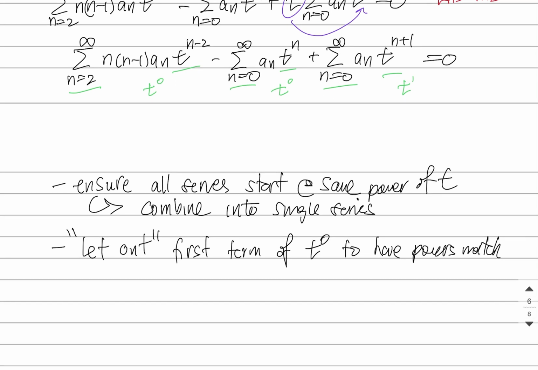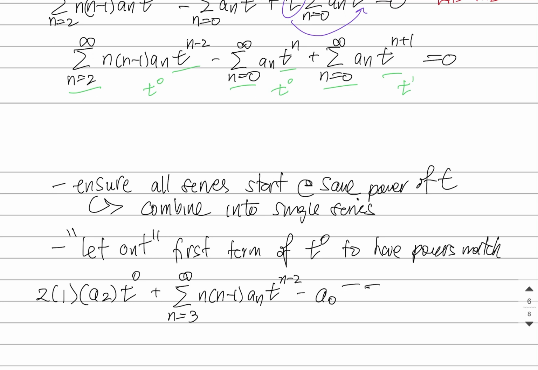If I take the term in that first series where n is equal to 2, I'll have 2 times 1 times a2 t to the power of 0, plus the summation n equals 3 to infinity, n minus 1, an t to the n minus 2. Here, I'll have an a0, minus the summation n equals 1 to infinity, an t to the n, plus this other summation, which already starts on the power of t to the 1.